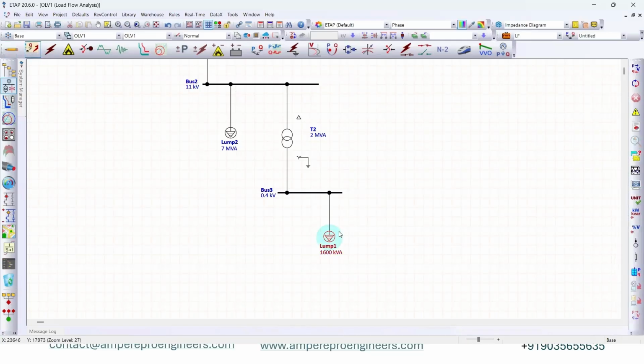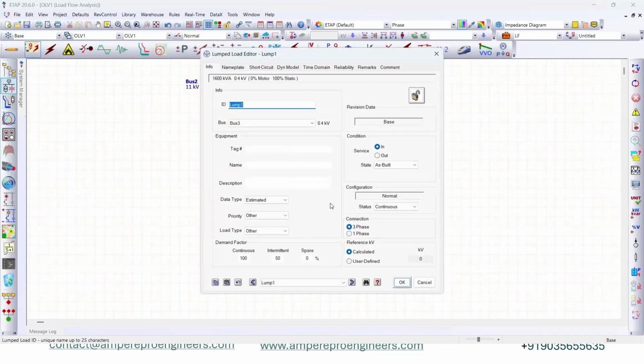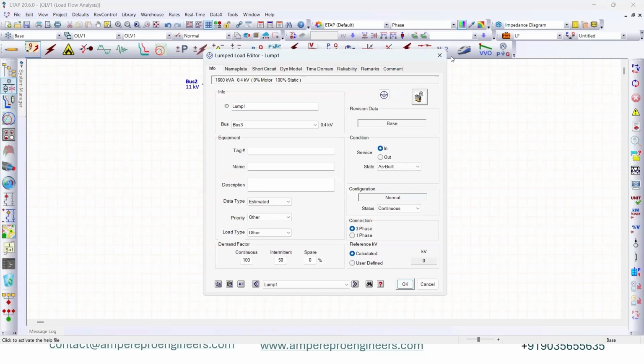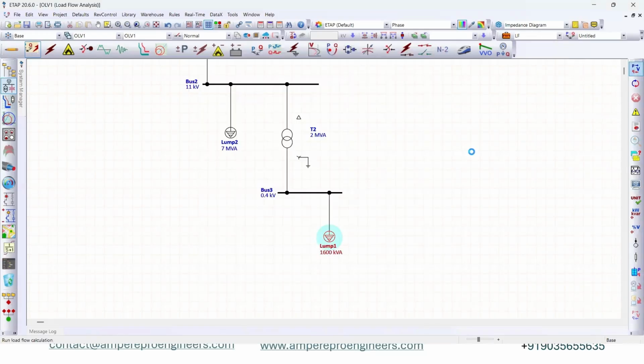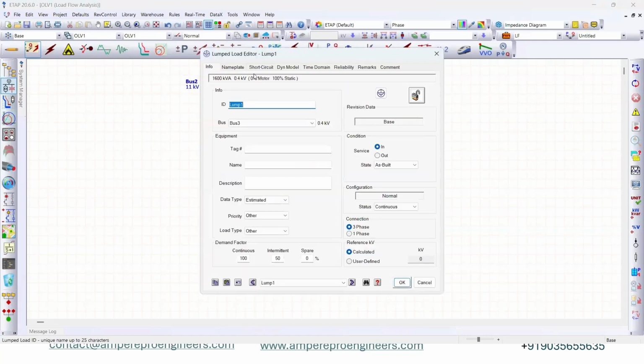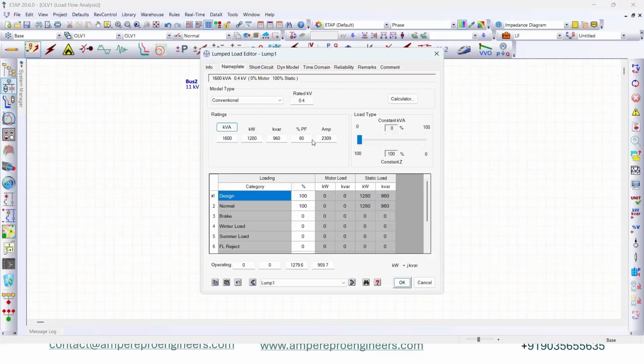Okay, let's try to rerun that. So when you rerun it, again we are getting like that. Let's see how much we have put as power factor. So we have put this one actually.